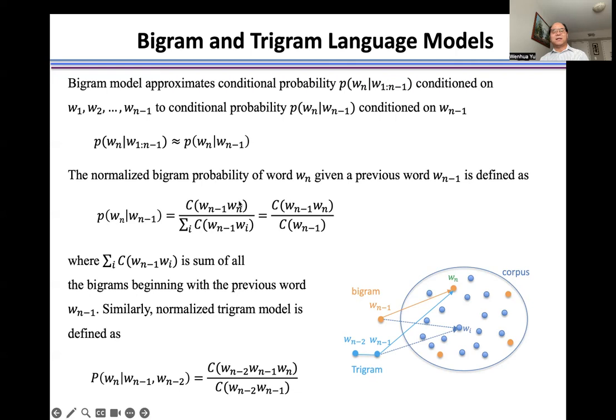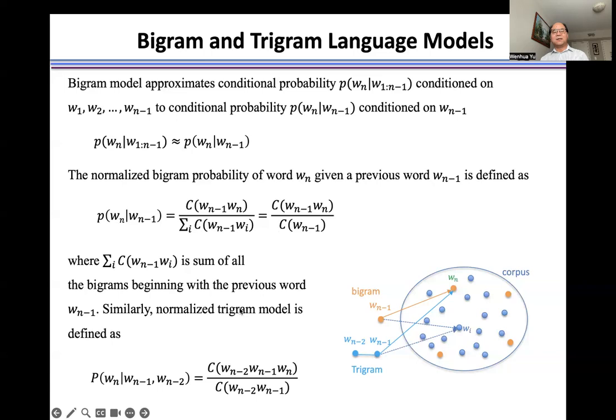The numerator is the count of the 2 words starting with the previous word, divided by the total count of the 2 words starting from the previous word, with any word in the corpus. And then we can simplify this sum to the count of the previous word Wn minus 1.